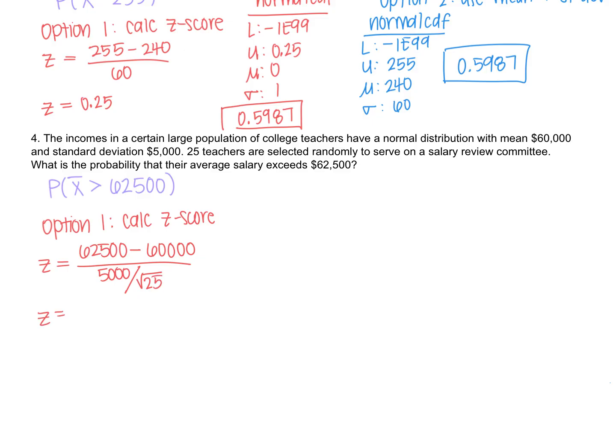And that's going to give us a z-score of 2.5. So when we go to normal CDF, lower bound 2.5, upper bound 1E99, mean of 0, standard deviation of 1. And we're going to get 0.0062.